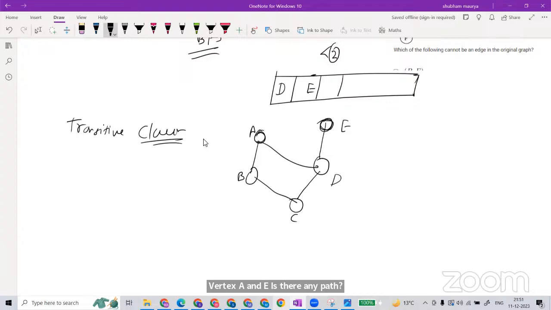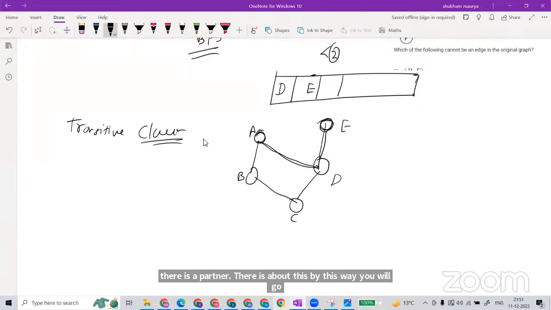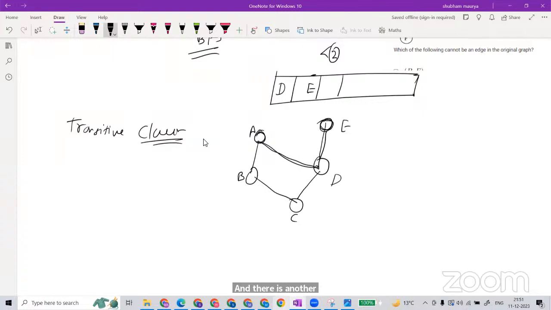Directly there is not. But between A and D there is a path, and from D to E. Another path is also there: A, B, then C, then D, then E.